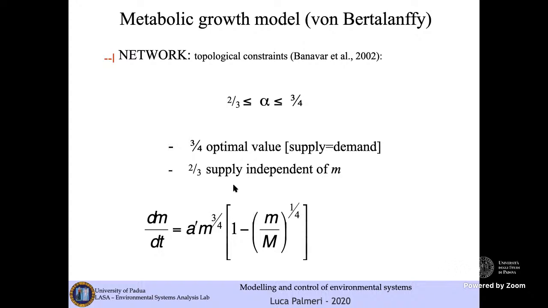In the cases in which you have a value of 2/3 instead, the supply is independent of the dimension of the organisms. So if you have an oversupply system, you will have an exponent of 2/3. If you have a perfectly balanced system, you will have an exponent with the optimal value of 3/4.